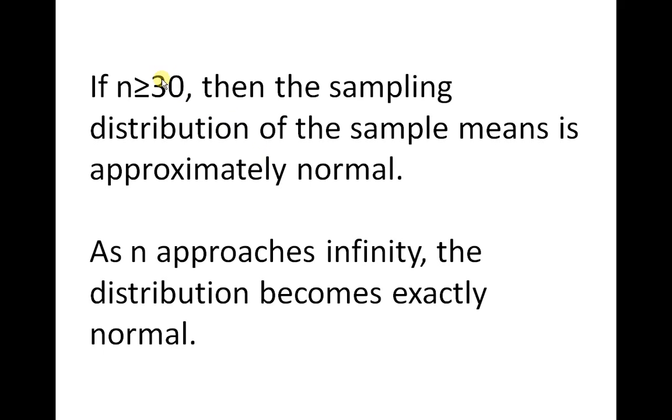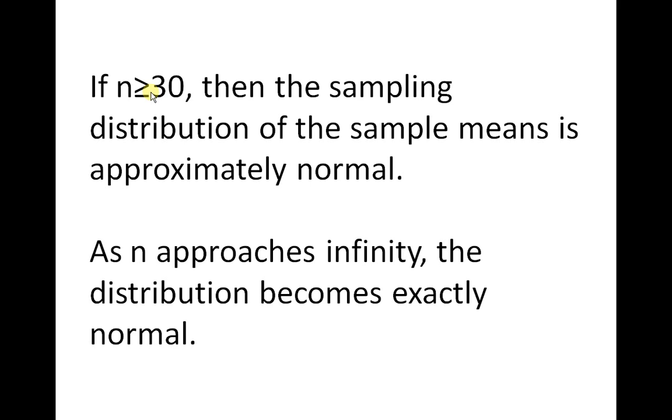Well, we already saw it. N equals 25 was pretty normally distributed, even before that, really. But a fairly conservative value is n equals 30 or above. So we say if n is greater than or equal to 30, then the sampling distribution of the sample means is approximately normal. If you look in another book or another class, they might say 25, they might say 40.